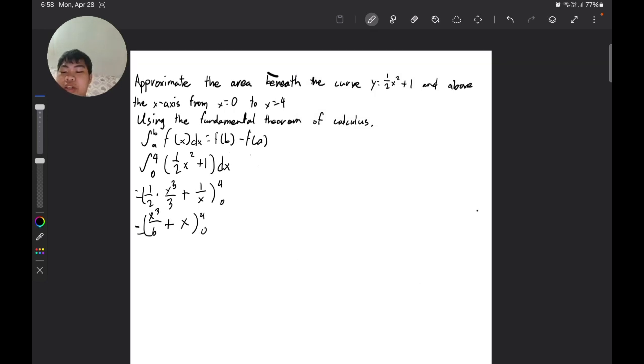After solving for the antiderivative, we will now plug in the lower and upper limit using the formula.